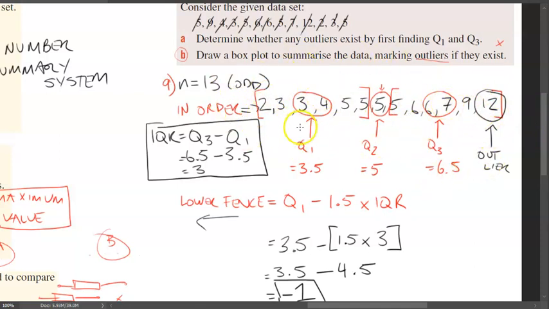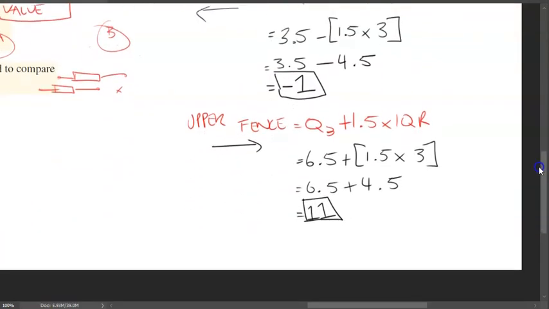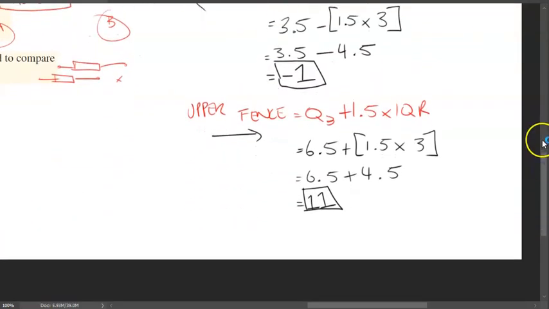So we worked out that middle range, figured out 1.5 times that number, and just backtracked to the lower fence and forward tracked to the upper fence. Now that we have this, I'm going to pause this video and show you what this looks like in the form of a box plot.